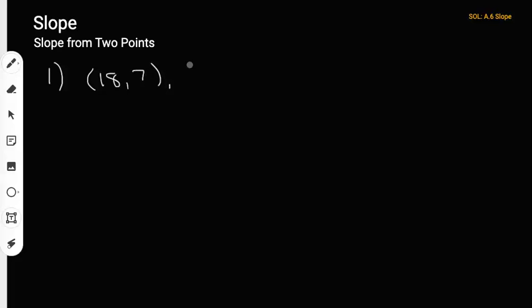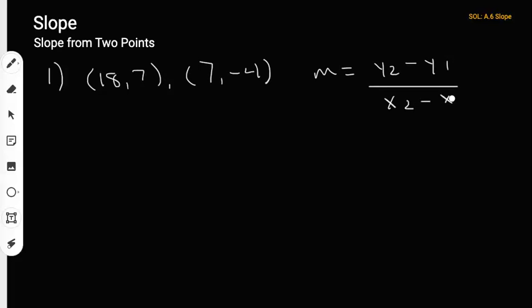And then the second point is going to be 7, -4. So what I want to do is I want to use this formula, y2 minus y1 on top, divided by x2 minus x1 at the bottom.